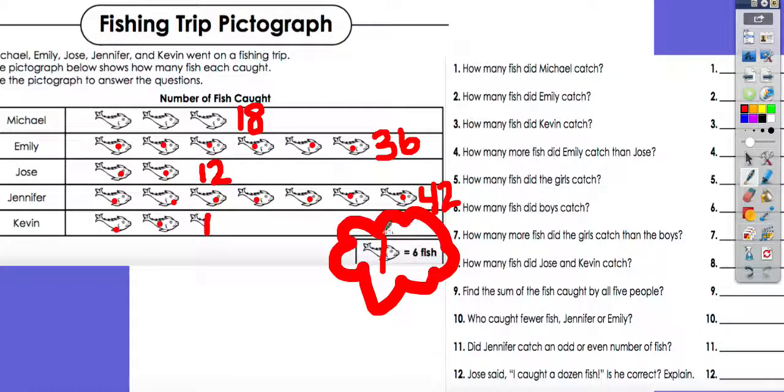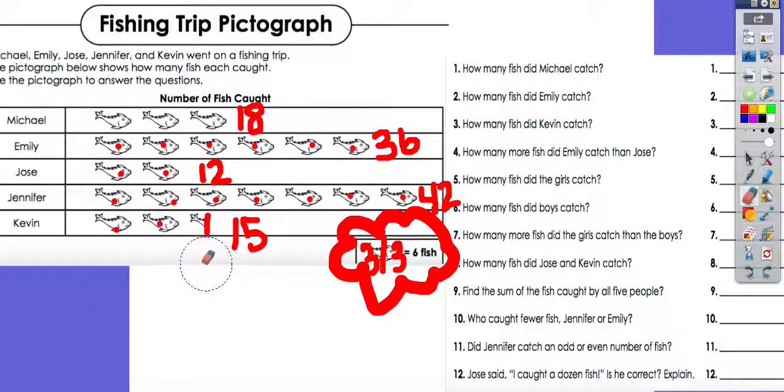You cut 6 into 2 pieces, you get 3 and 3. So half of 6 is 3. So half a fish is worth 3. So this fish is worth 6. This fish is worth 6. This fish is worth 3 because it's half of a picture. So Kevin's got 6, 12, and then he's got 13, 14, 15. So Kevin caught 15 because he's got half a fish here.